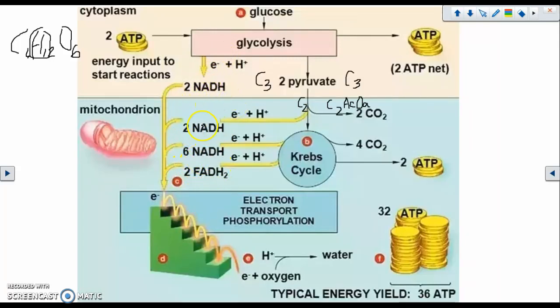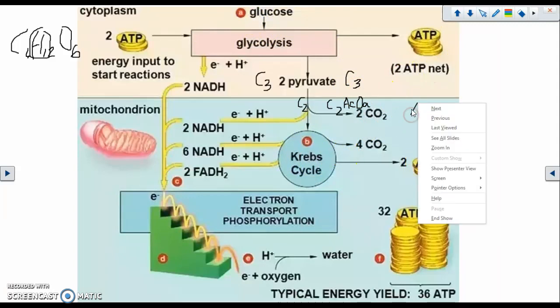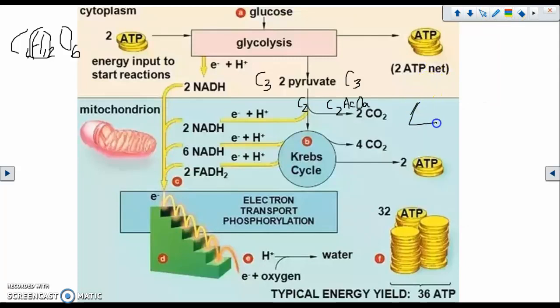Okay, and these are vitamin B based molecules. All right. A very, very small amount of ATP gets created from glycolysis and from the Krebs cycle, sometimes called the tricarboxylic acid cycle. 2 plus 2, you only get 4 ATP. Okay.